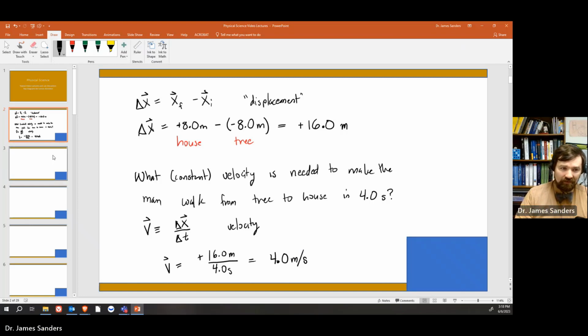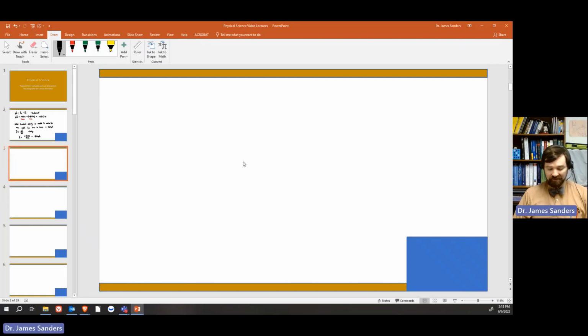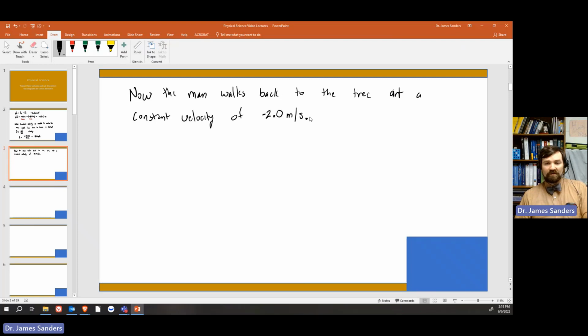So let's make ourselves a blank thing. Now the man walks all the way back to the tree at a velocity of negative 2.0 meters per second. Therefore we want to know what his average velocity is for this motion.